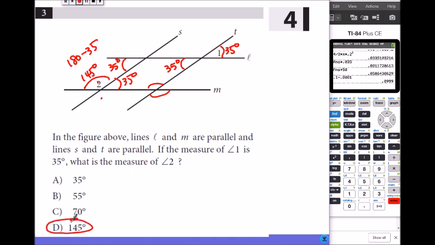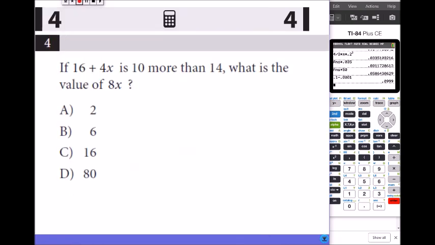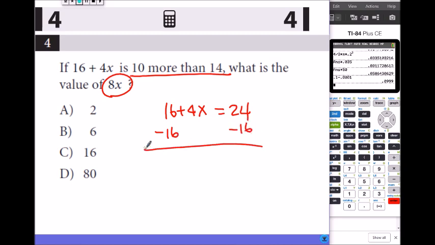Number 4, 16 plus 4x is 10 more than 14. So 16 plus 4x is 10 more than 14, which means 24. What is 8x? So here, instead of solving for x, just go ahead and solve for 4x, which gives you 8.